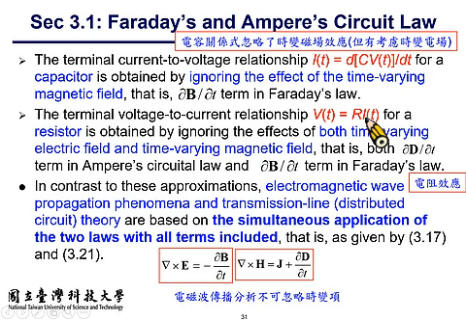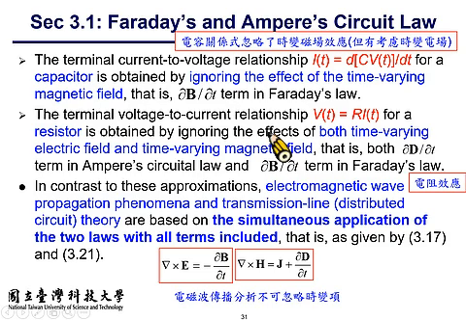You see, there is no dependence on time-varying electrical field or time-varying magnetic field. Nevertheless, from the history perspective, the Maxwell equation or electromagnetics is actually developed on the basis of electrical circuit theory.